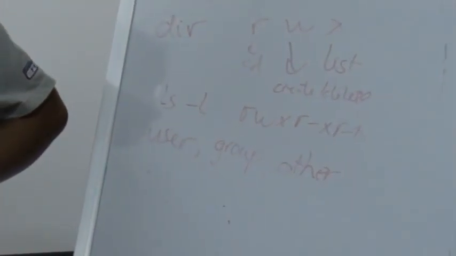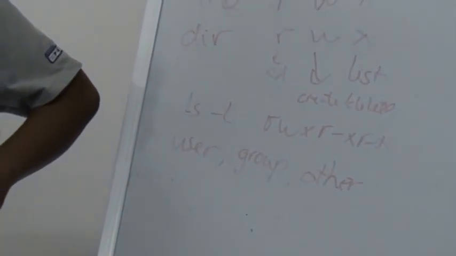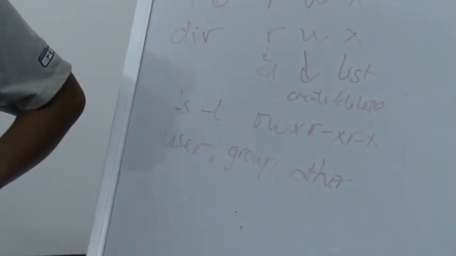Another thing about the group is normally a user corresponds to a group. So if in your system you have a user named Long, then that user also belongs to a group named Long. It automatically makes a group for you.